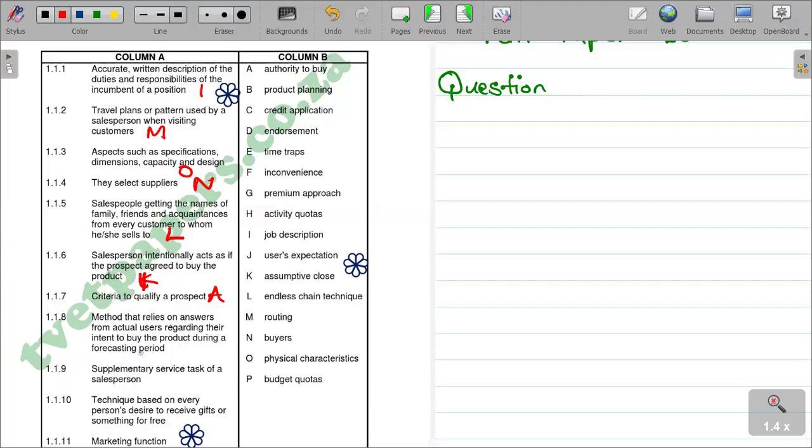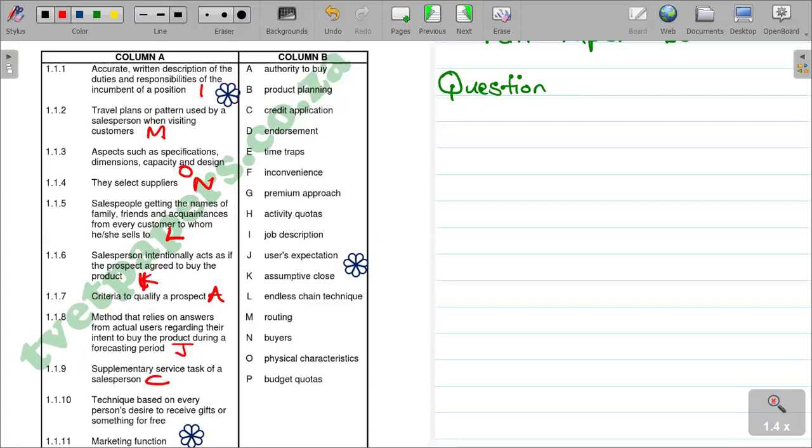We call it users' expectation, which is J. Supplementary service task of a salesperson. Credit application. Supplementary service task of a salesperson, which is C, credit application.